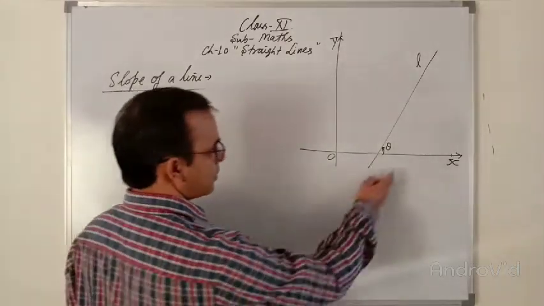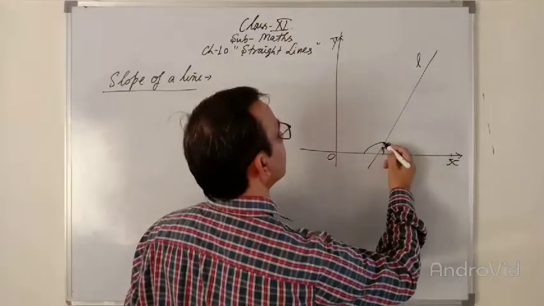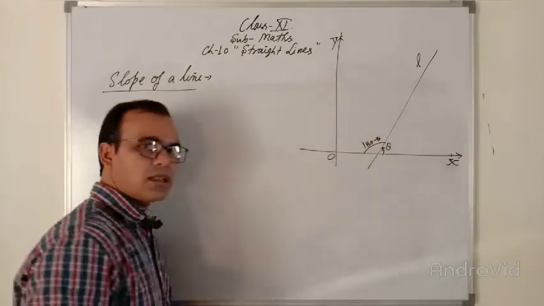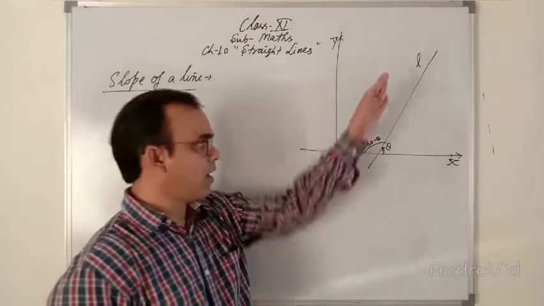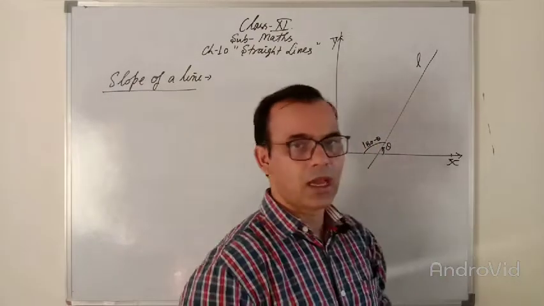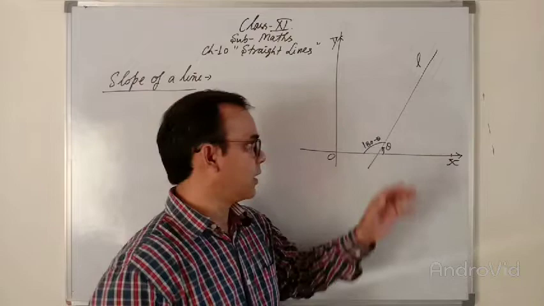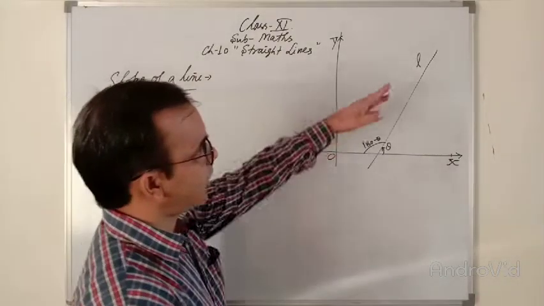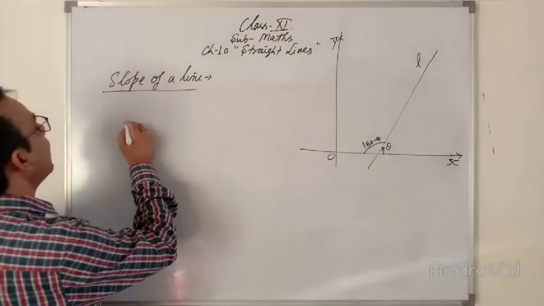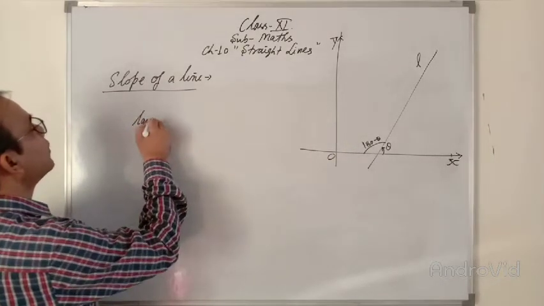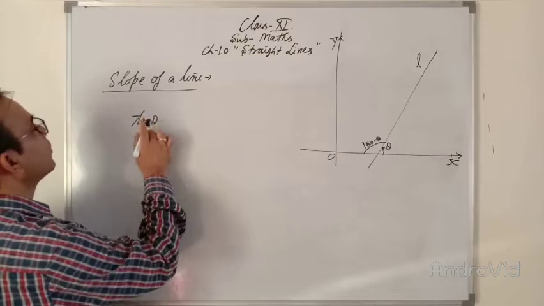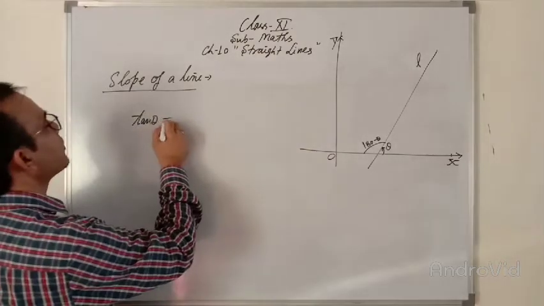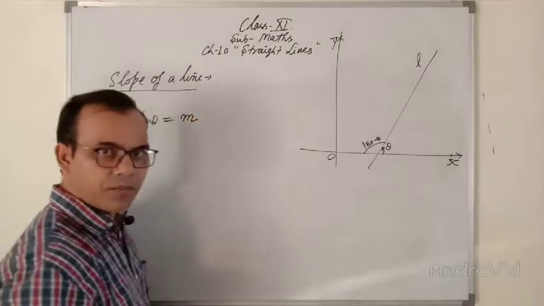Suppose this angle is theta, then this angle will become 180 minus theta. So two angles are possible when the line L is intersecting the x-axis. The slope of this line L is defined as tan theta, and it is represented as m.